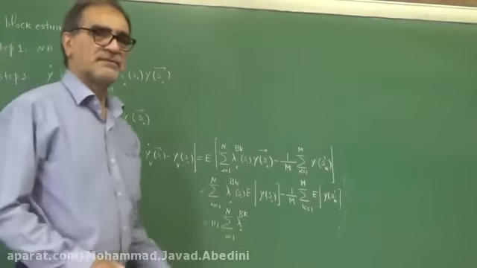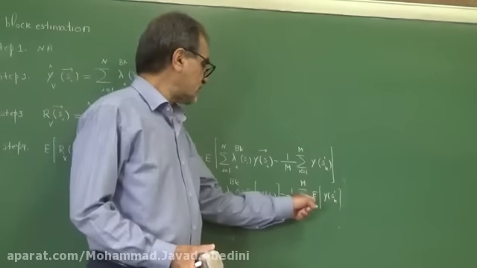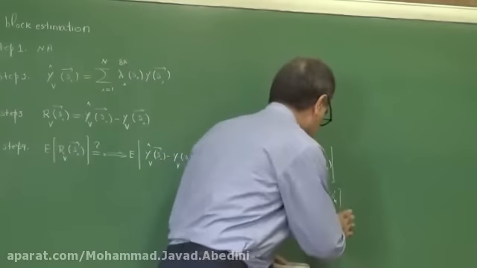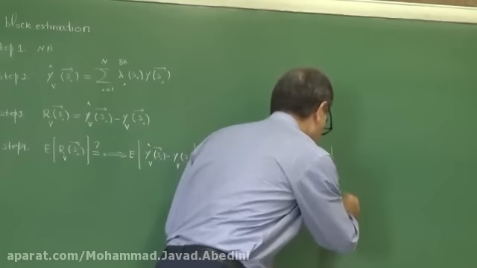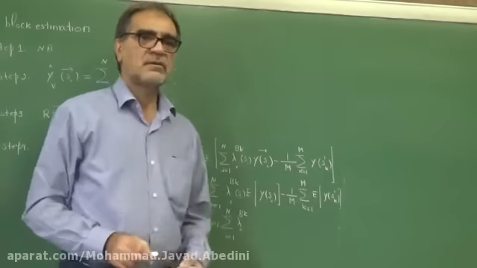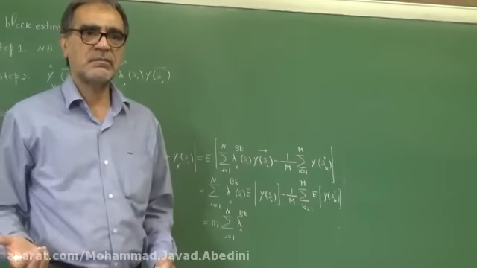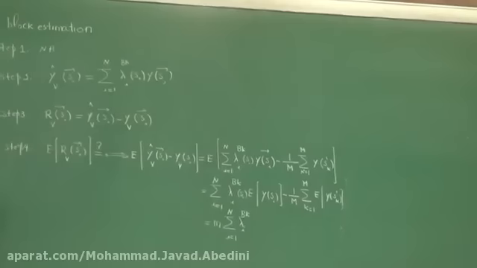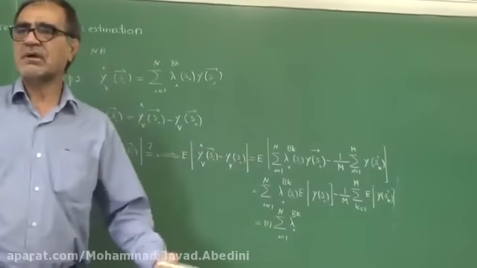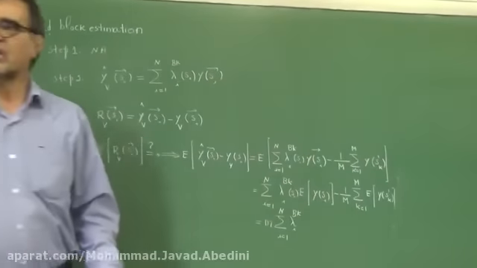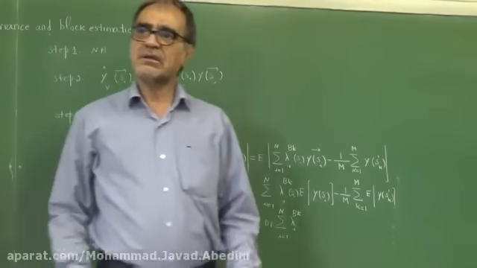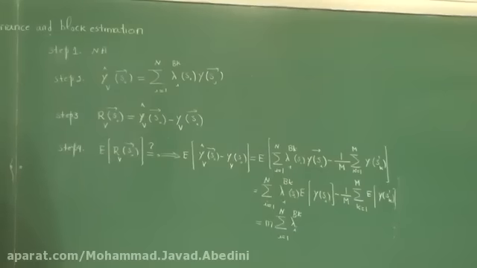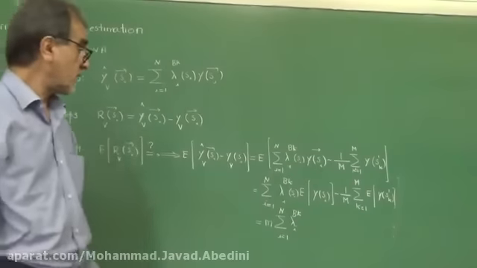Now, look at this one. What would be the expected value of y at S prime k? M. Because these points are not very different from model points. And the expected value of any point under consideration, it really doesn't matter whether they are observation or true value.